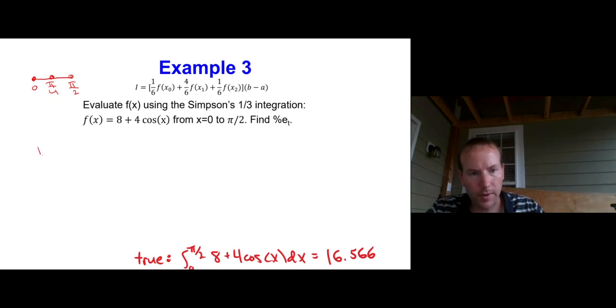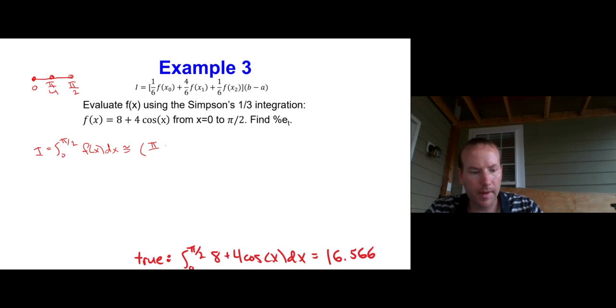And so we're going to integrate from 0 to pi over 2 f(x) dx, which is approximated by our Simpson's 1/3 integration formula.